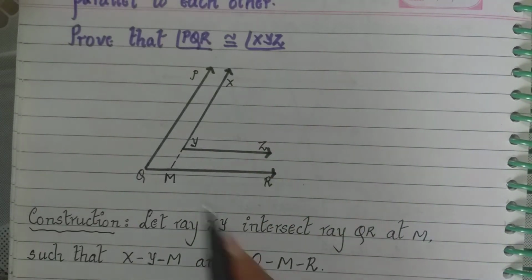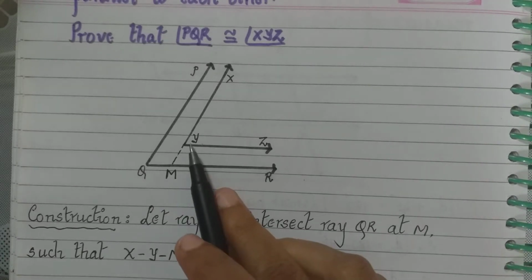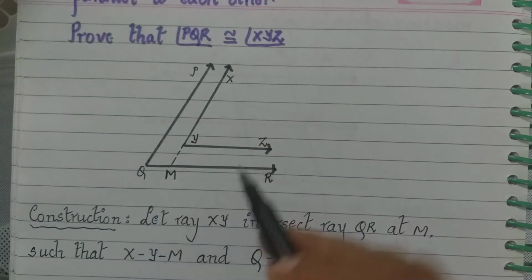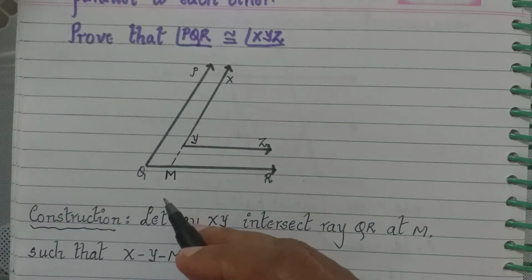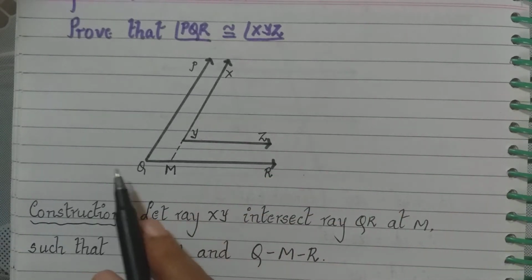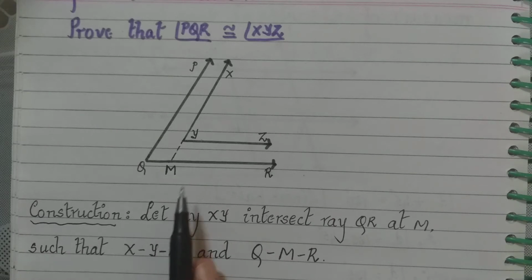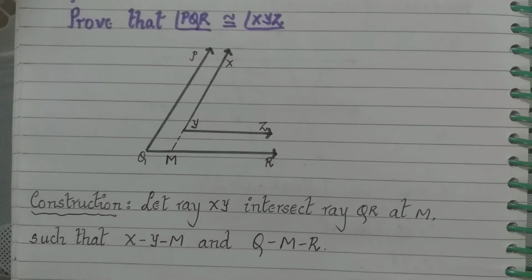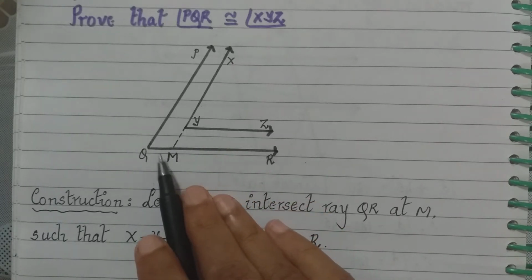Let ray XY intersect ray QR at this point M such that this point Y lies between X and M. You can see here this point Y is lying between these 2 points X and M. Also M lies between the 2 points Q and R. So both these specifications are important to know where this point lies, and that is why M lies on one side of Y, and X lies on the other.